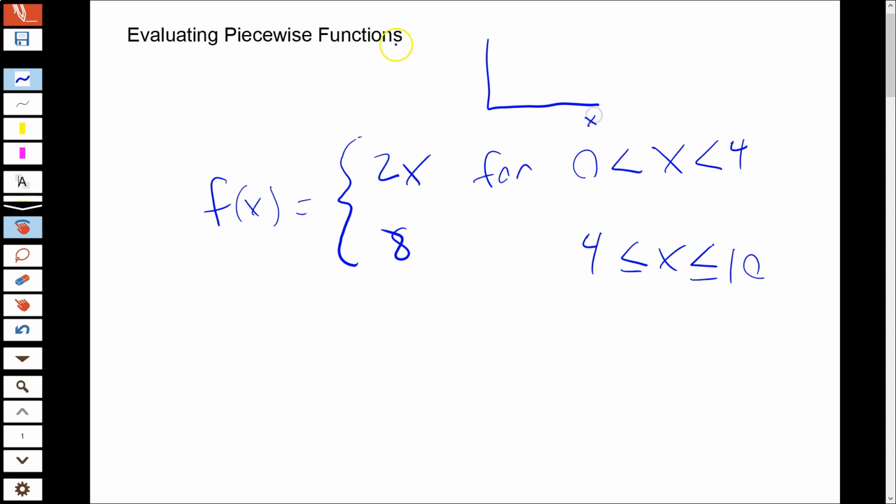So let's say I have x and f of x, and let's say x is time, and f of x is miles from home. Just a really simple example, so you guys have all experienced traveling away from home, maybe you're going for a walk or something like that.